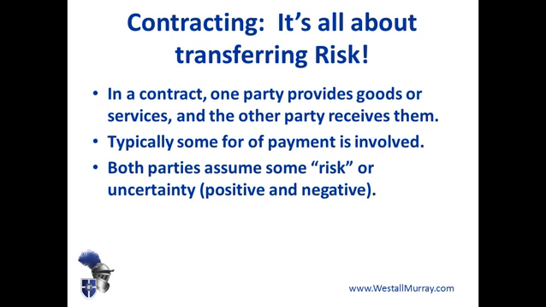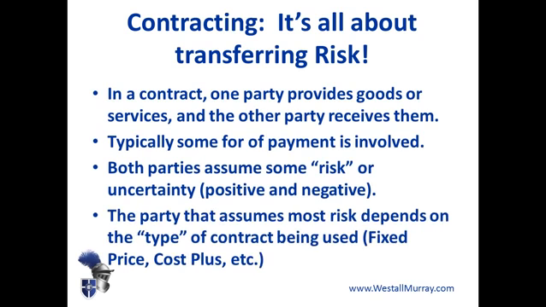Risks can be opportunities as well as threats, as most people think of them. But which party has what type of risk depends on what type of contract is being put in place. There are fixed price type contracts, cost plus type contracts, and unit price contracts, and each of those types can be modified to slightly change who has the greatest risk.